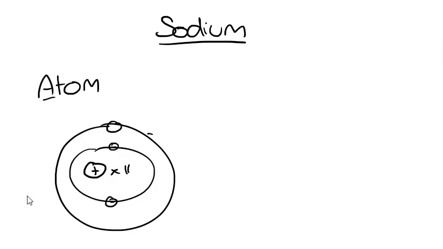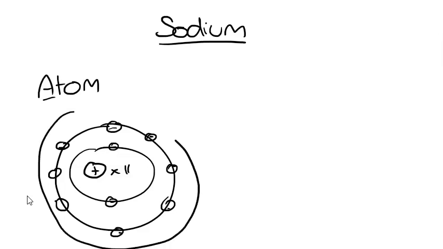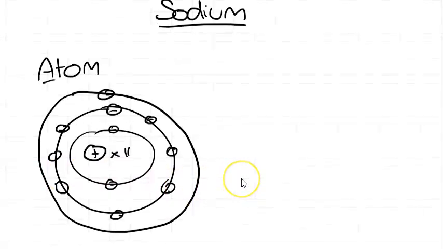So 1, 2, 3, 4, 5, 6, 7, 8. So we've used up 10 electrons so far, so we've got 1 electron left. We need to put that 1 electron in its outer shell. So this sodium atom has the electron configuration of 2, 8, 1.